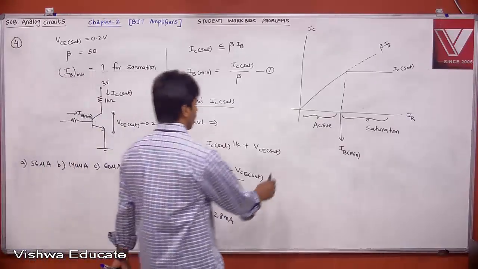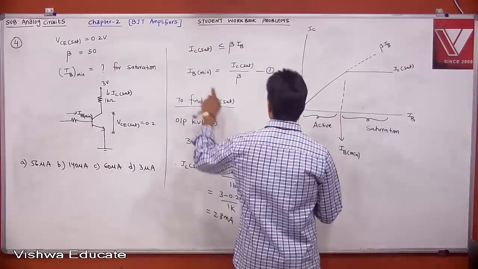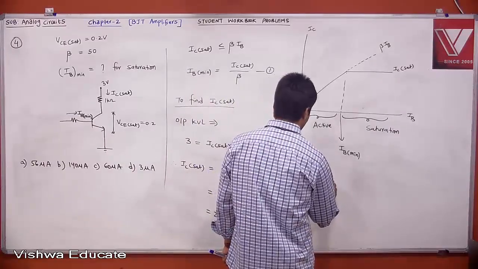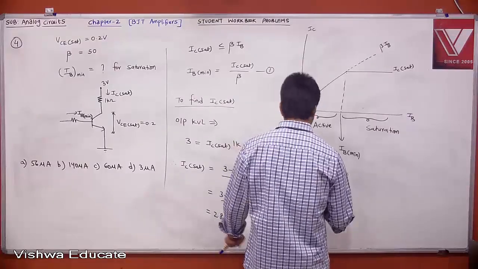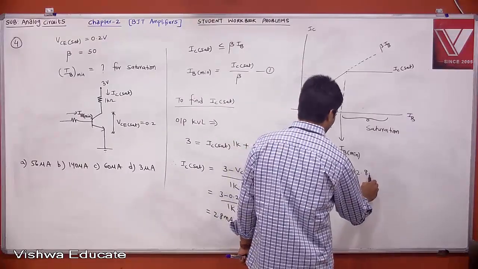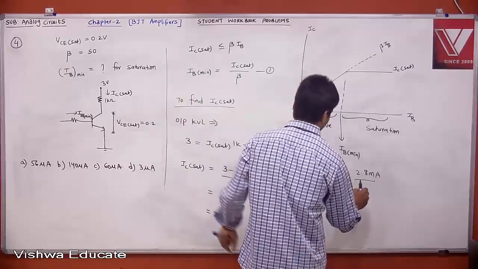Then from equation 1, what is your IB minimum? IB minimum is equal to IC sat, 2.8 milliampere, divided by beta. Beta is 50.